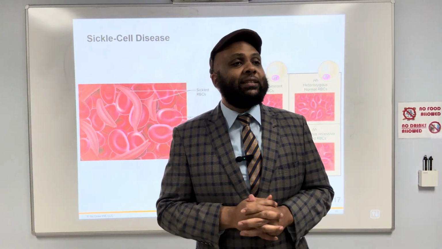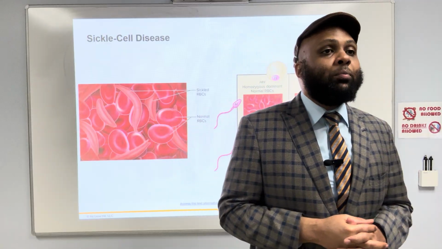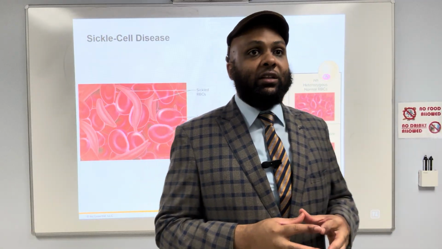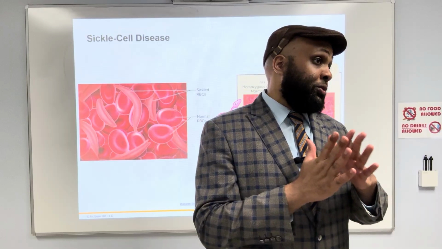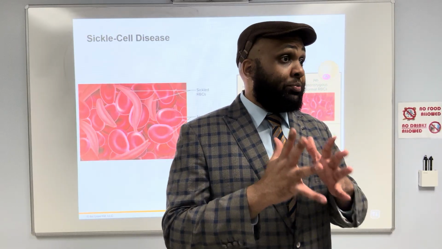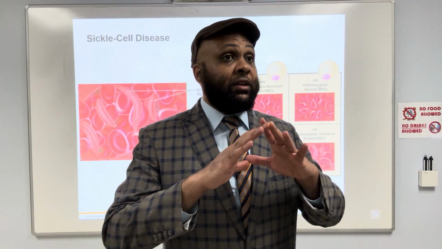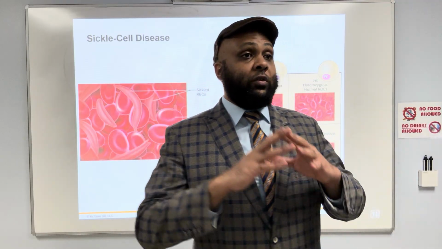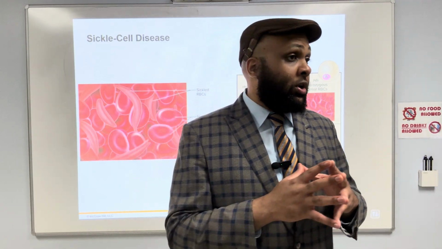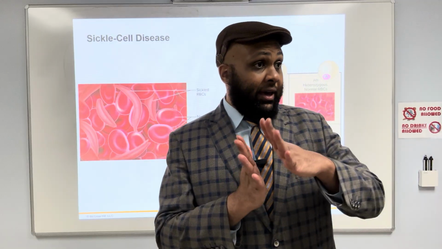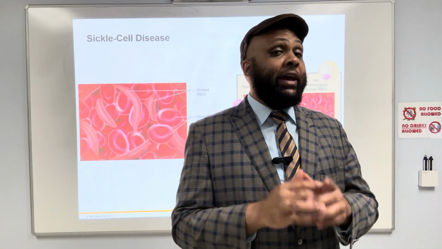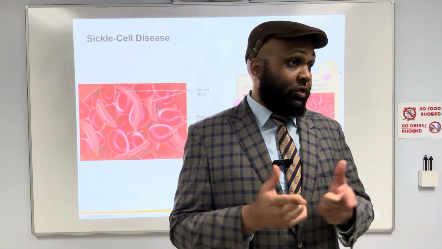People who have sickle cell disease are born with a hereditary defect where something is wrong with these cytoskeletal structural proteins. So the structure of the red blood cell is no longer biconcave, no longer discoid. It looks like a sickle, a sharp structure.